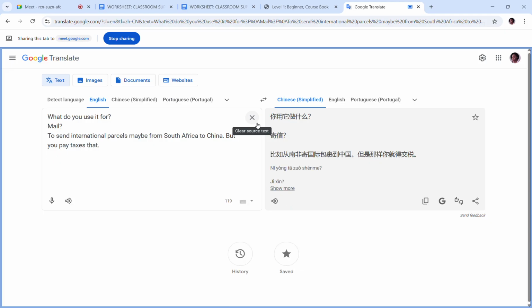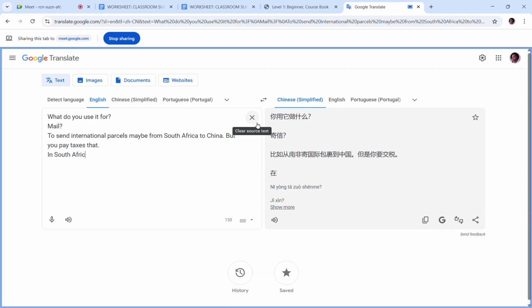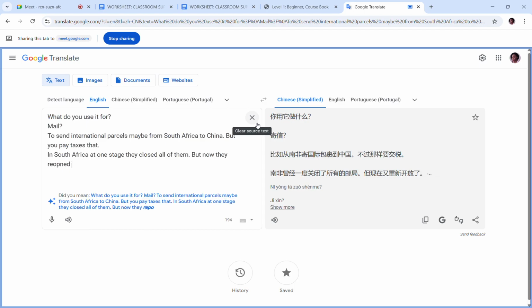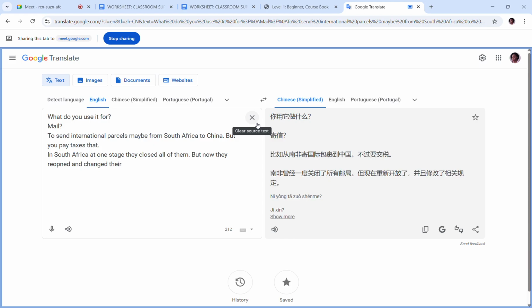Let me say, in South Africa, at one stage they closed all of them, but now they reopened and changed their work or their function, right?